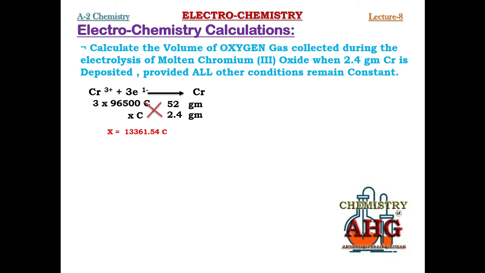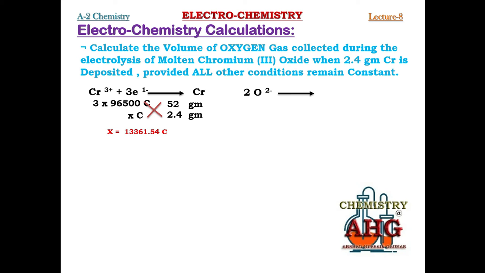Now by using this many coulombs, since it is the condition of the question that all other conditions remain the same, current is the same, time period is the same, the same charge we can use to calculate the volume of oxygen collected. But before that you will have to write down a balanced equation for the oxidation of oxide ion to produce oxygen, so we can make a fair comparison.